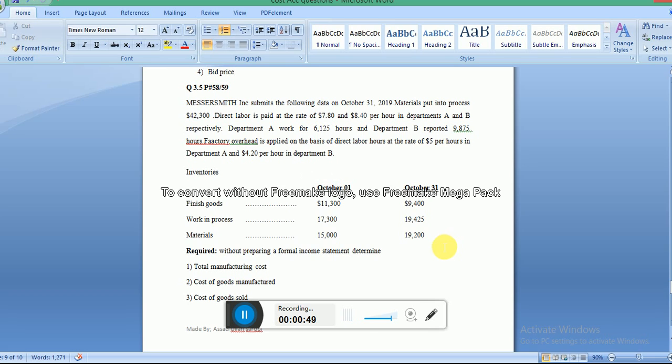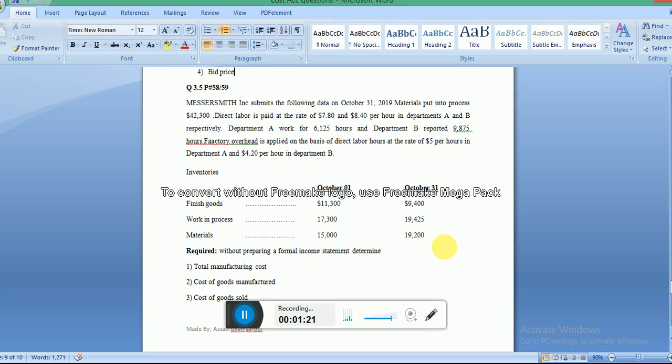Now here, just like in the previous question, two departments. One is Department A and one is Department B. So in Department A, the direct labor per hour rate is $7.80, and in Department B, the direct labor per hour rate is $8.40.